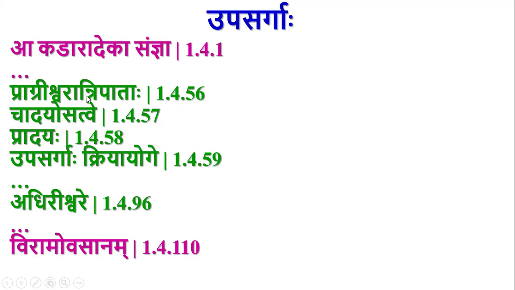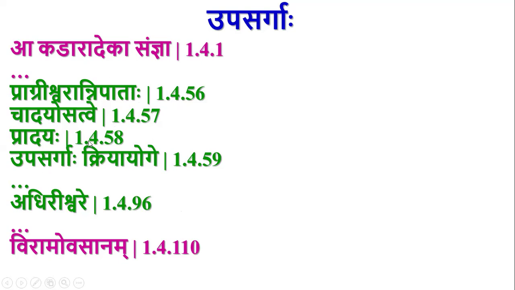There is a sangna called nipata. Pragrishwaran nipatah. Prag means before; rishwara is the sutra in which that rishwara is found. Up to that sutra, whatever terms we are going to define or introduce are called nipatah, is the meaning of this sutra.